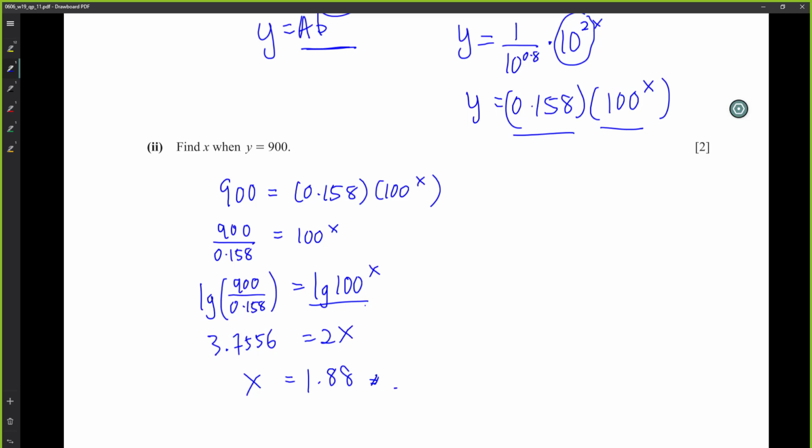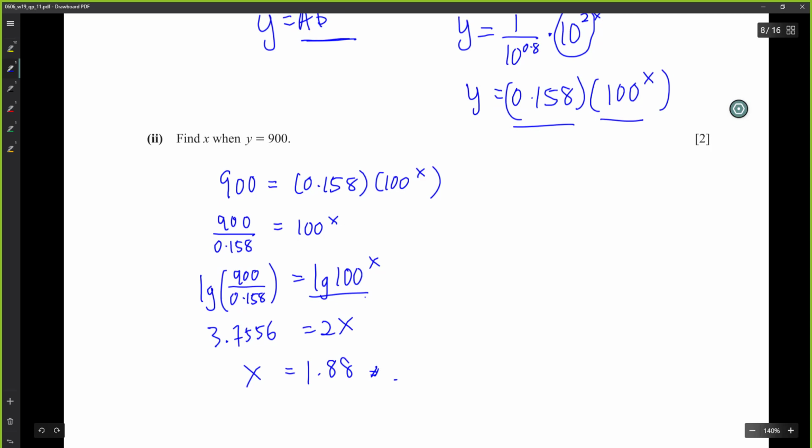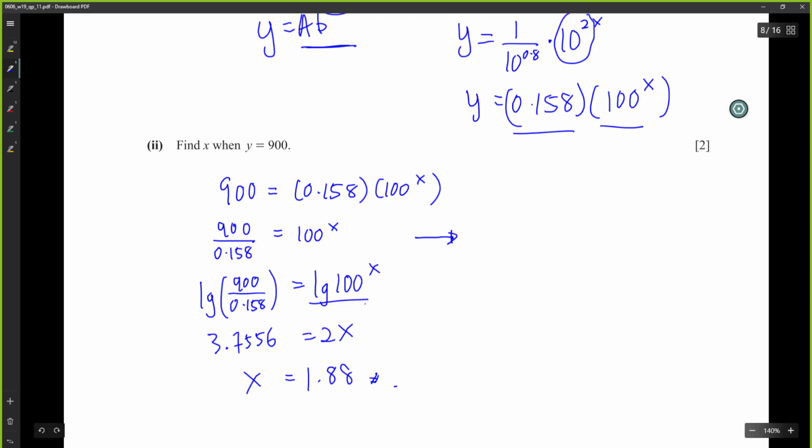Okay, so if you have an advanced calculator, you can actually solve it straight away like this. I'm not sure which model you're using, whether this one or the silver color one, because you can tap the base, isn't it? So if I move the 100 to the other side, I get log base 100 of 900 over 0.158 equals x.